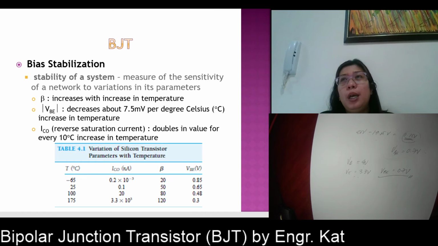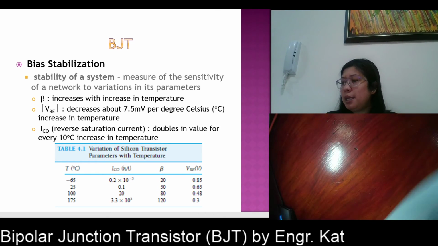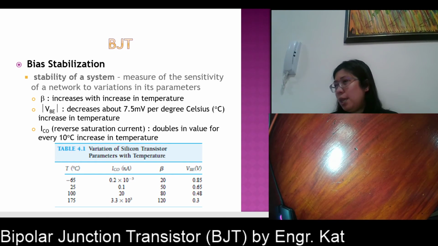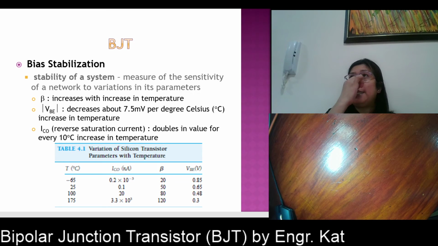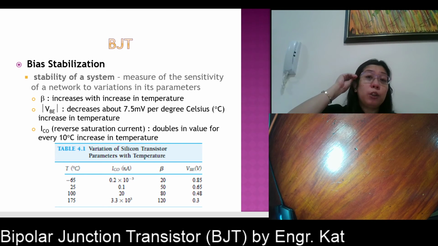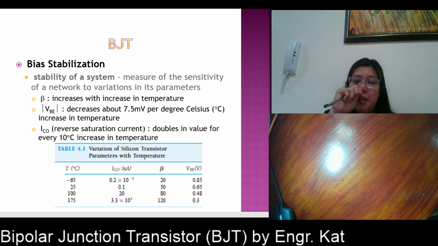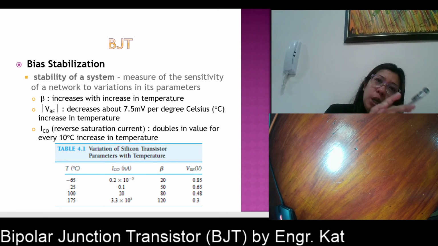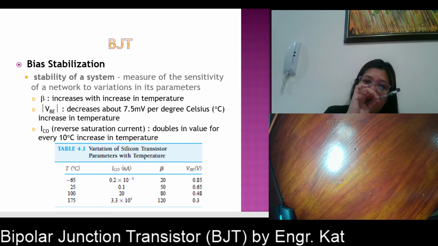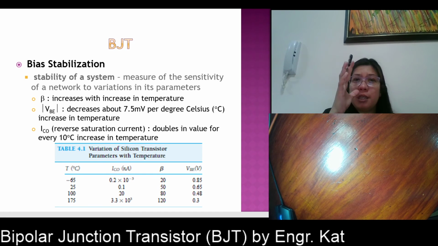In DC analysis, always remember that we do not discuss yet the amplification factors, but we are assuring that your Q point is lying at the active region. If your Q point is not at the active region, if it is switching between saturation and cutoff, therefore your transistor is functioning as a switch or as an inverter.